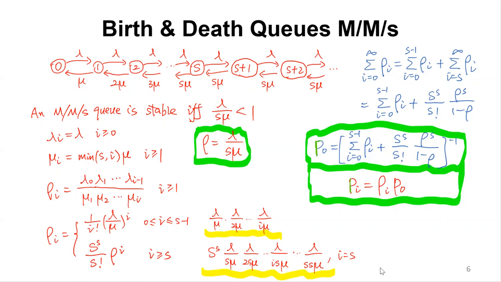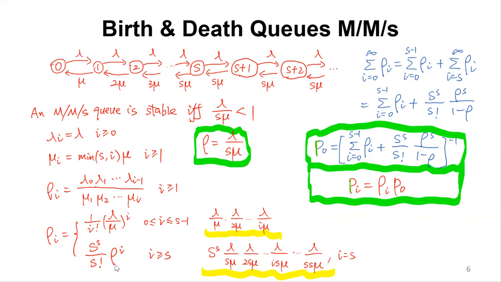So what you have here is S to the power S over S factorial, because up to S you have 1, 2, 3, 4, up to S, so this is S factorial. And then after you reach S, you multiply by lambda over S mu, lambda over S mu. So this will be rho_i.